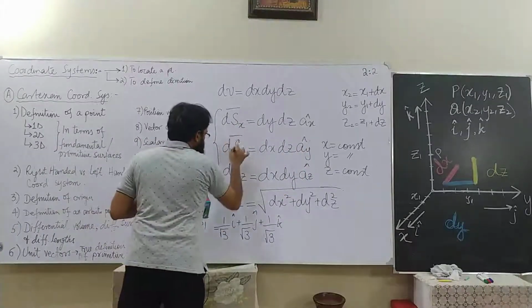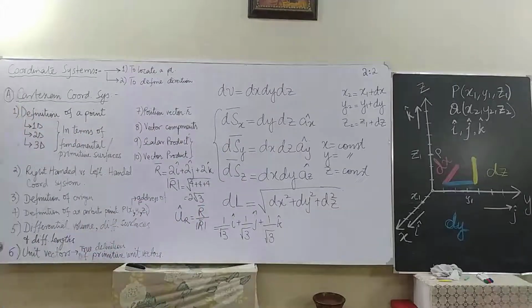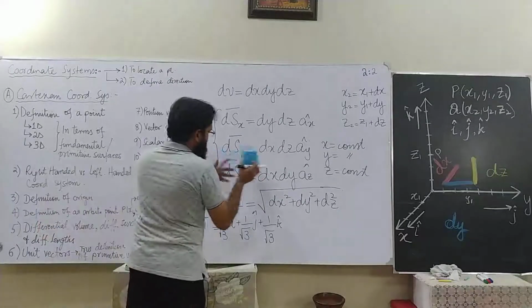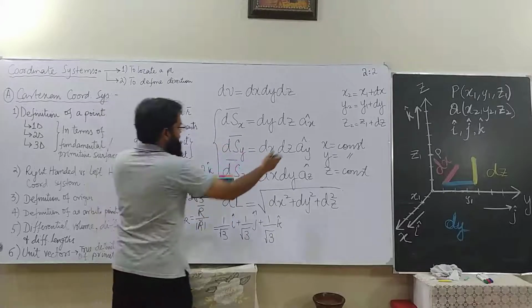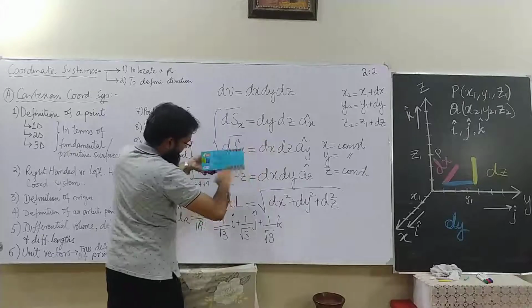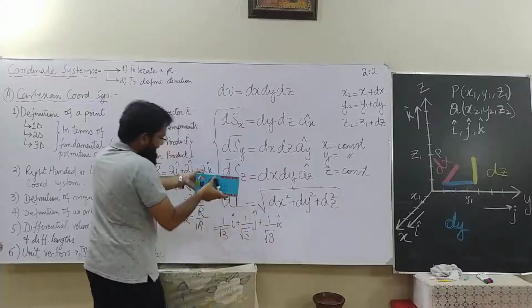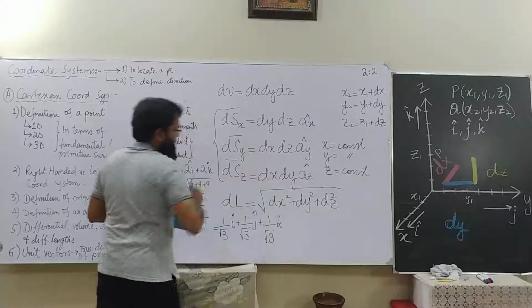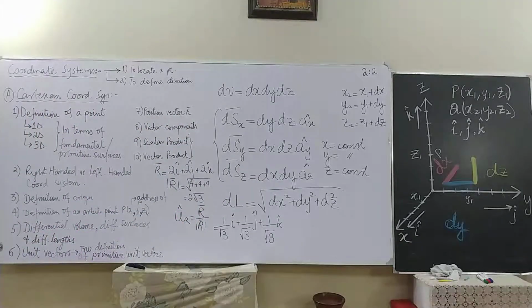So now all these differential surfaces become vector quantities. For the back surface, I just have to append a minus sign here, for the bottom surface a minus sign here, and for the left surface a minus sign over there. But generally, if we don't consider the minus signs, this is the way of writing differential surfaces.